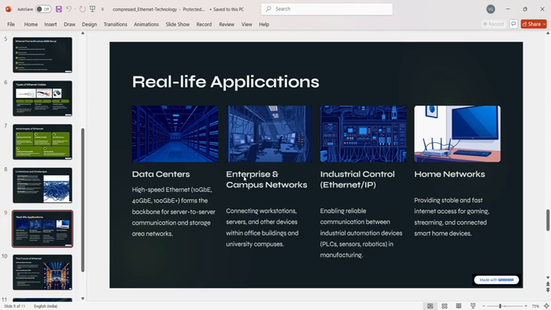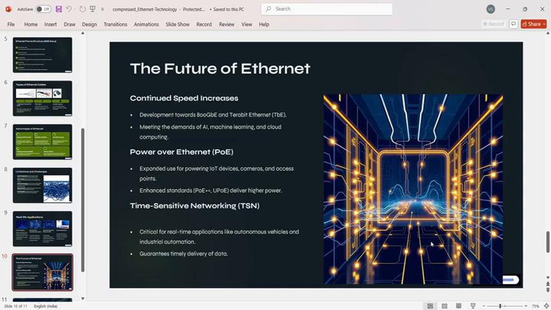In enterprises and campus networks we use it for workstation and server connections and other devices. In industrial control, we use it for reliable communication between industrial automation devices in manufacturing. And home networks, providing stable and fast internet access for gaming, streaming, and connected smart home devices.